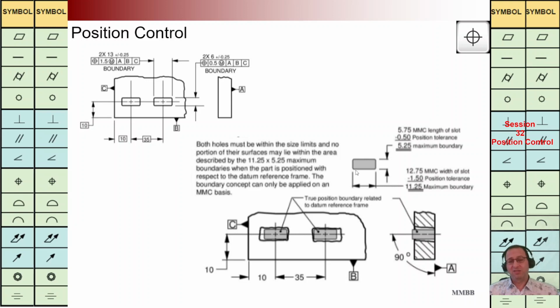Here in horizontal direction, we have 13 minus 0.25 minus 1.5. We can see what should be the length of the gauge, and for width we are going to do the same. We can calculate in this one it is 6 minus 0.25 minus 0.5.